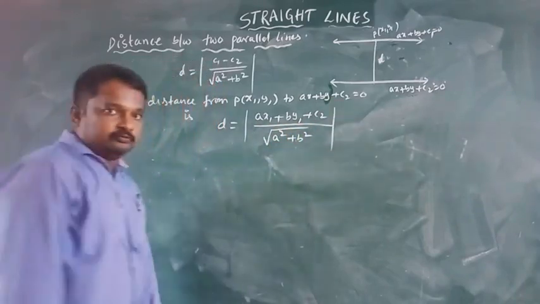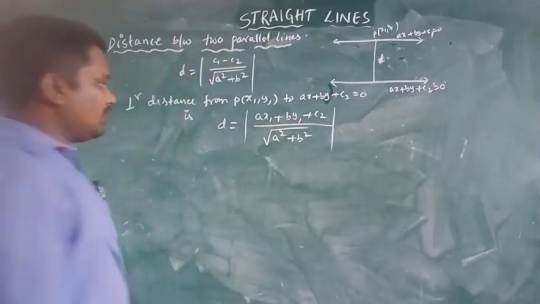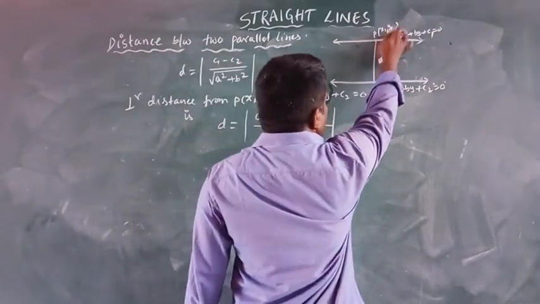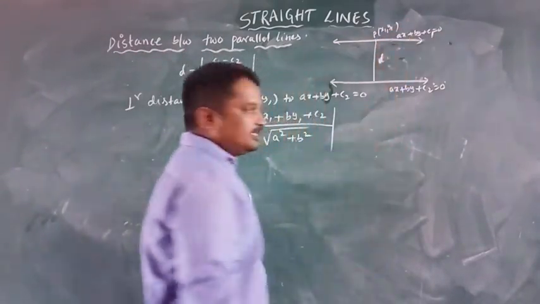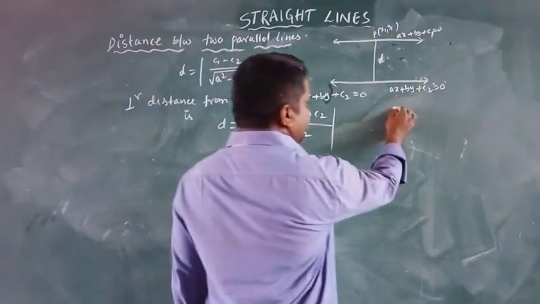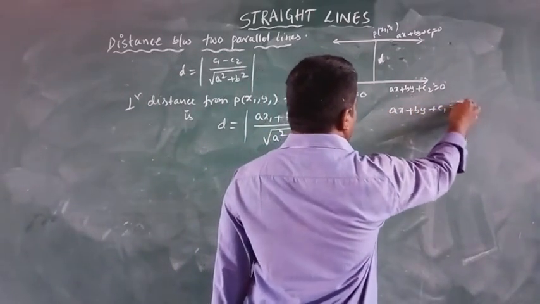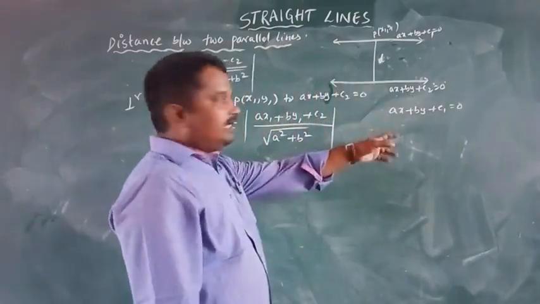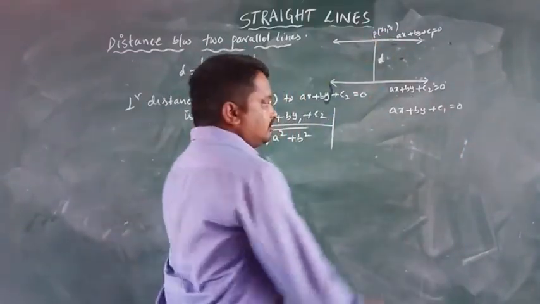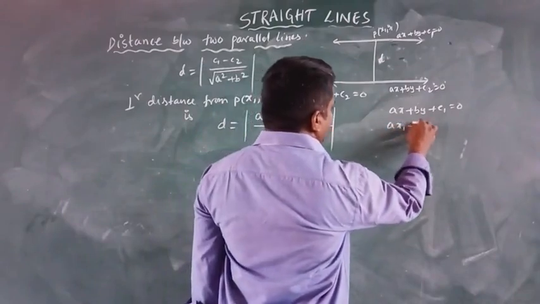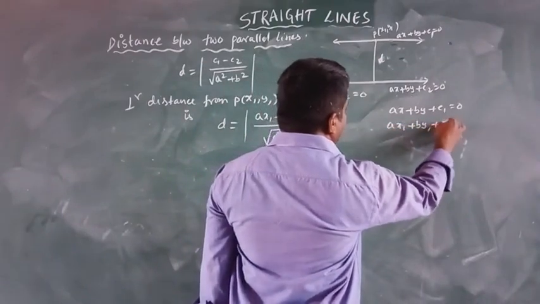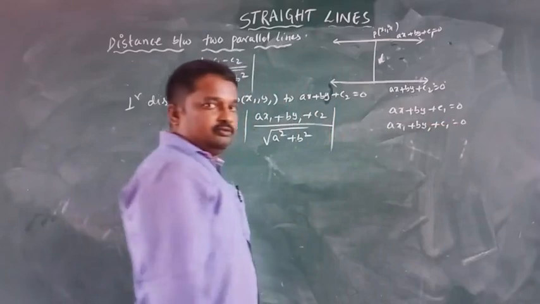This we already know. Now, P(x1, y1) lies on ax + by + c1 = 0. So is it satisfying that one or not? On that line P(x1, y1) lies, so ax1 + by1 + c1 = 0.